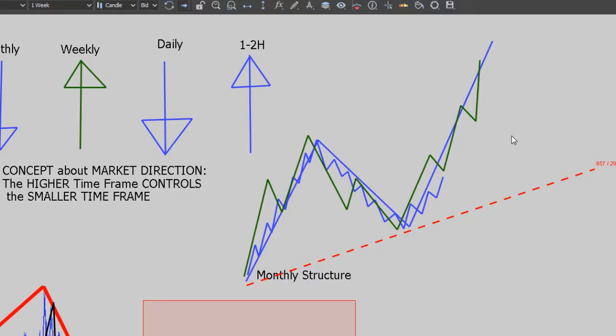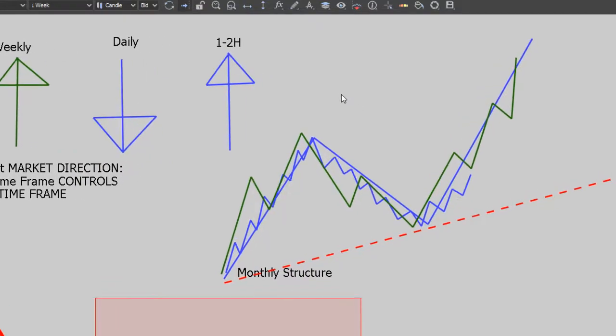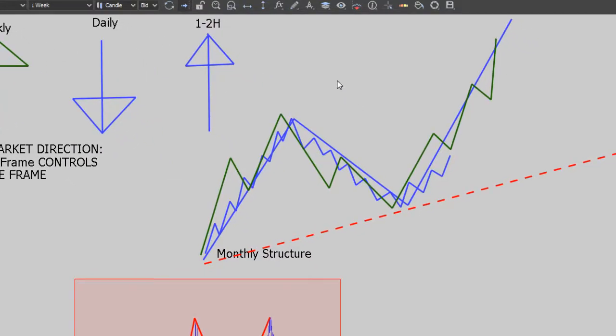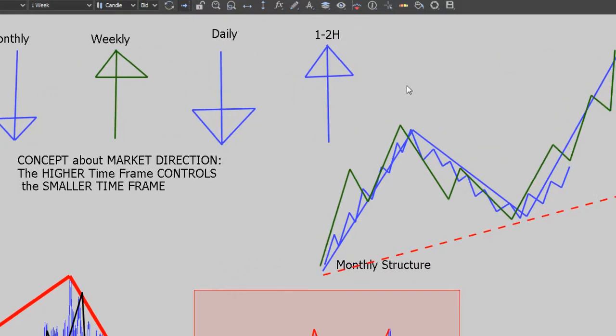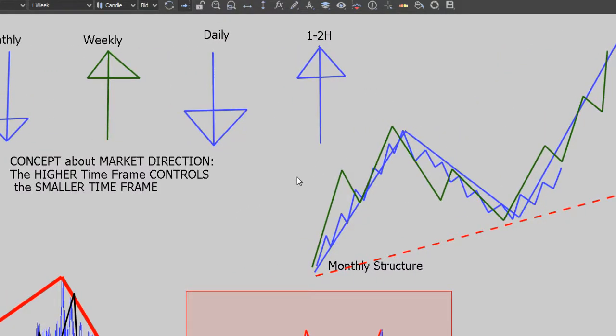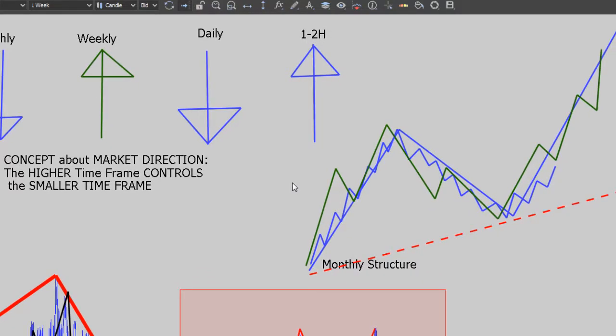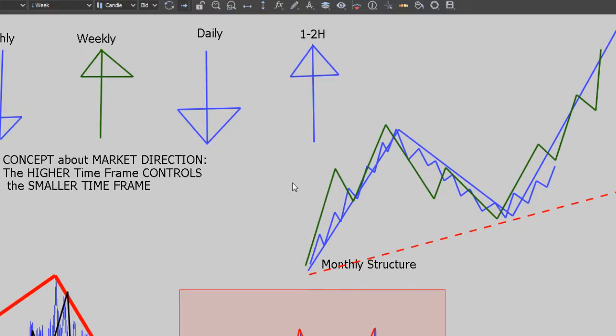Now look what are you seeing right now, everybody, and think. Okay, so we are looking at the same currency pair, just on a different time frame, and the concept about market direction is that the higher time frame controls the smaller time frame, right? So the blue line is the monthly structure, the green line is the weekly structure.